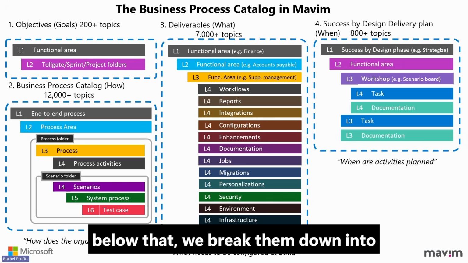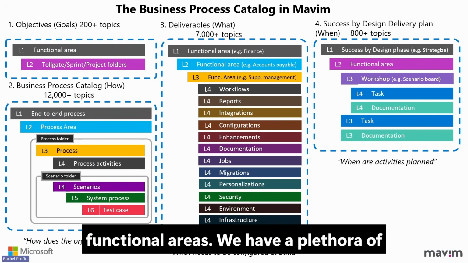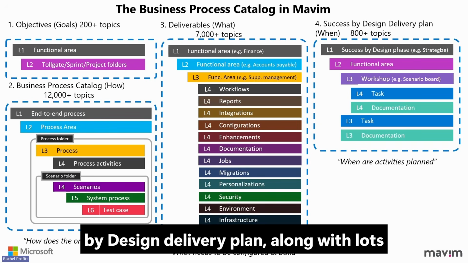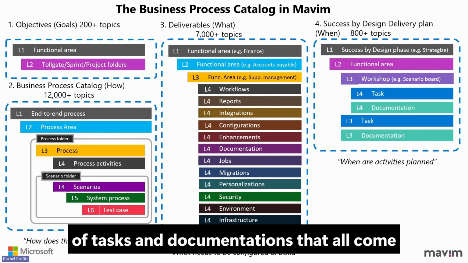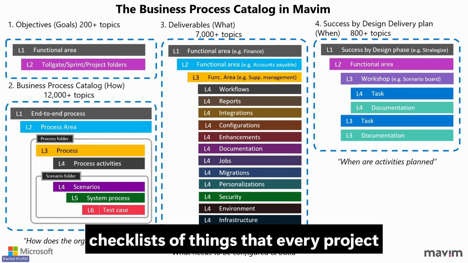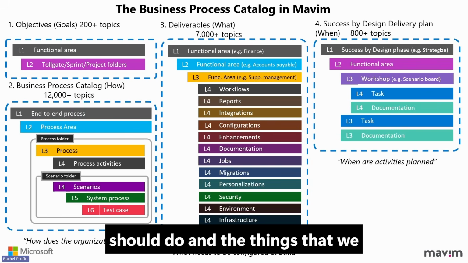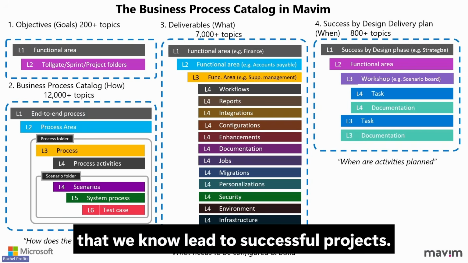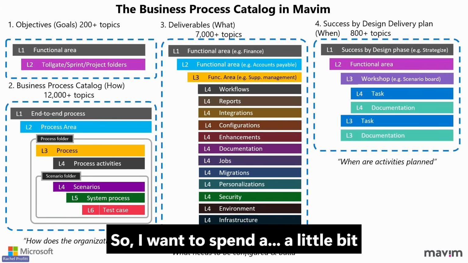And then below that, we break them down into functional areas. We have a plethora of workshops that exist in our Success by Design delivery plan, along with lots of tasks and documentations that all come from the implementation guidance and our checklists of things that every project should do, and the things that we define as like measures of success that we know lead to successful projects.